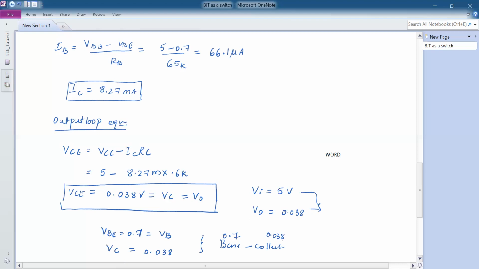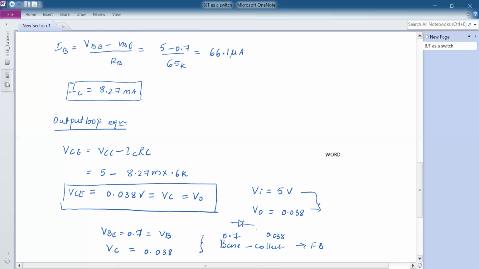So the base collector junction is now forward biased, because base being the P side and collector being the N side of the transistor. So the N side of the transistor is at less voltage compared to the P side. So it is forward biased.